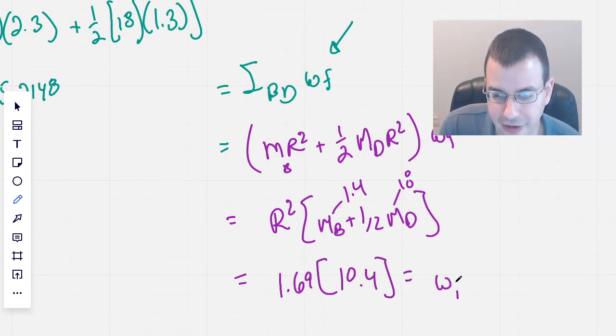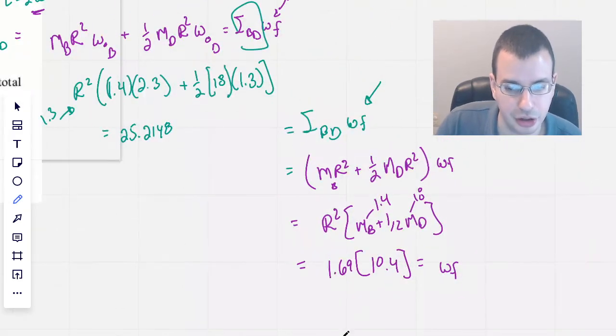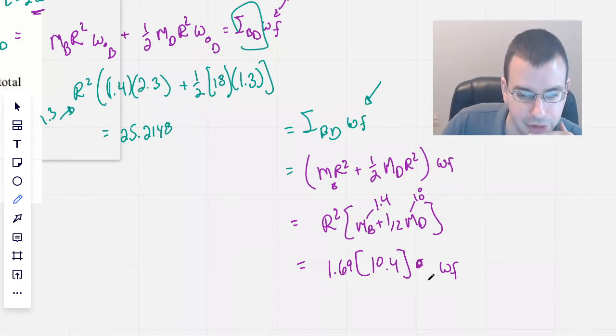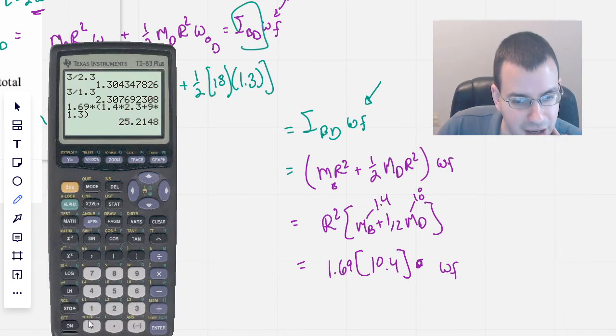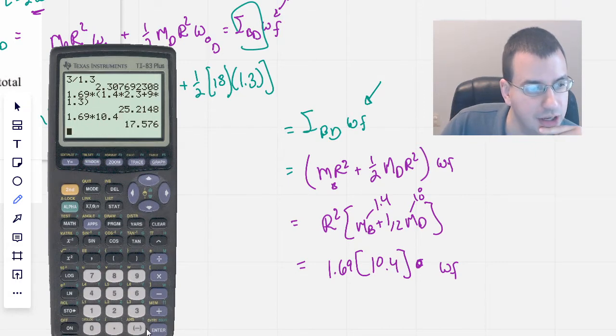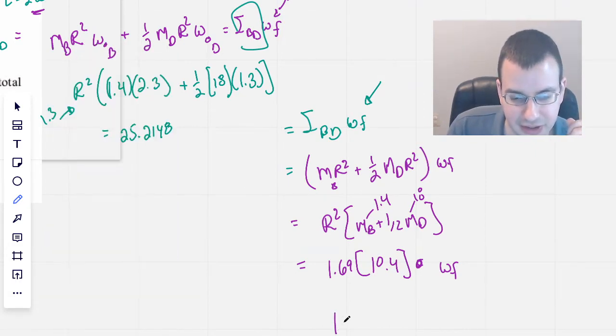times omega final. So we can figure this out. So we'll do 1.69 times 10.4. That gives us 17.576 omega final.